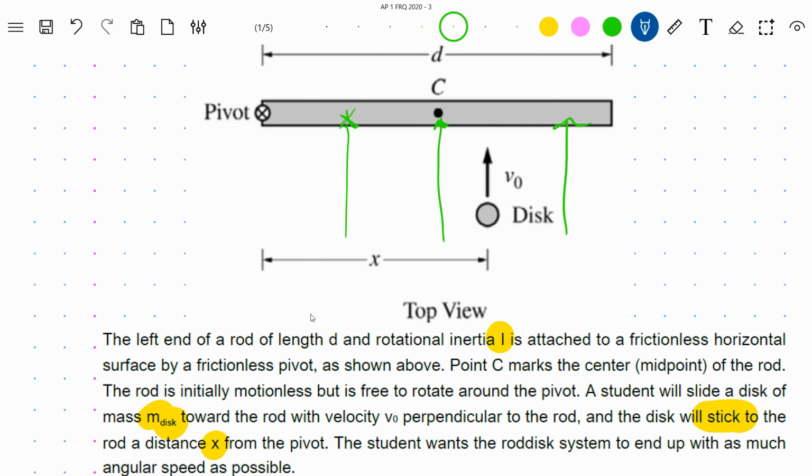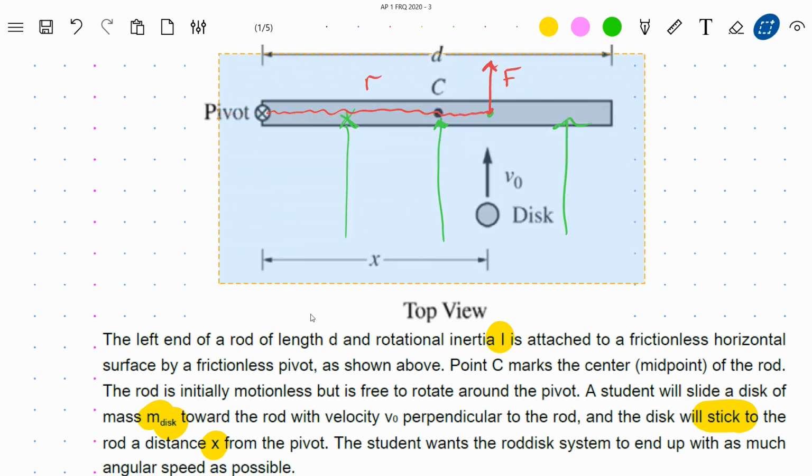The disk is going to exert a force on the rod, which constitutes a torque, since that force of impact, in fact, let's just change color here for stressing this, that force that would be the result of that impact constitutes a torque, and the amount of torque does depend in part on the distance r that it's applied from the center, or really from the pivot point, I should clarify. So by maximizing r, we maximize that torque, and therefore will cause that rod to spin as quickly as possible.